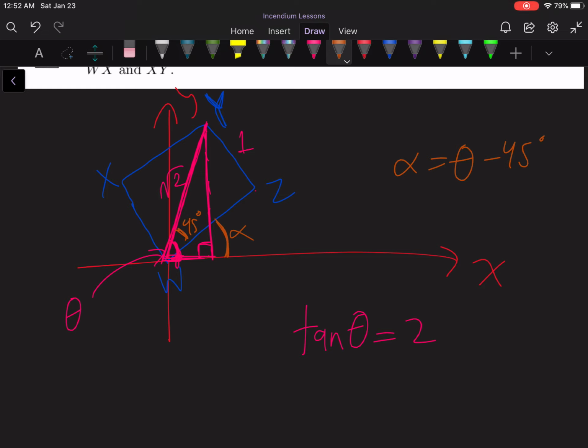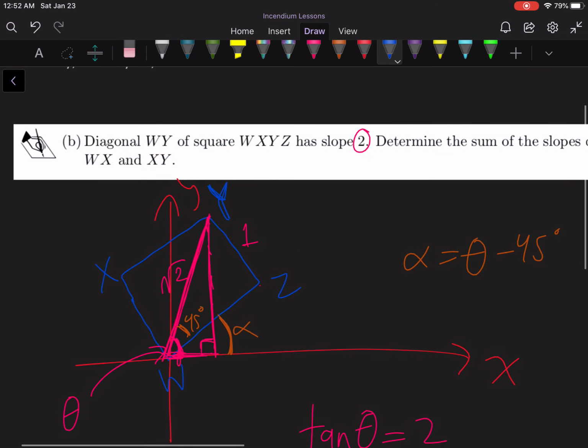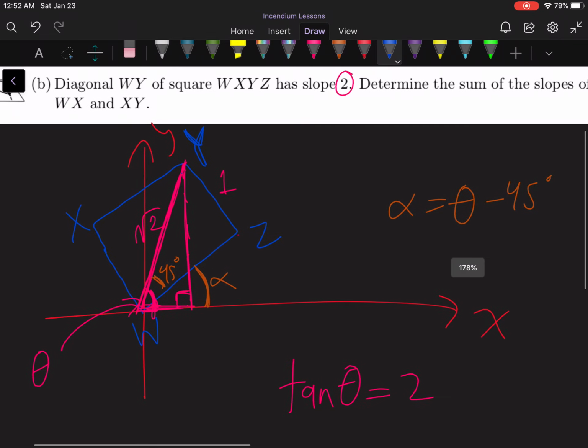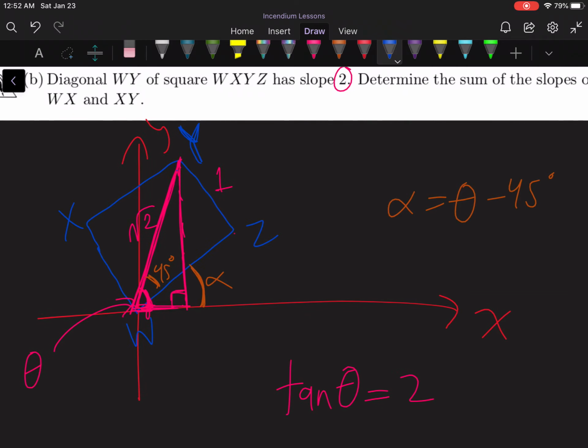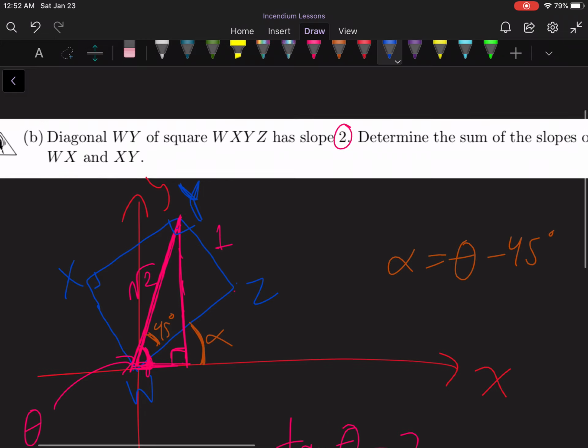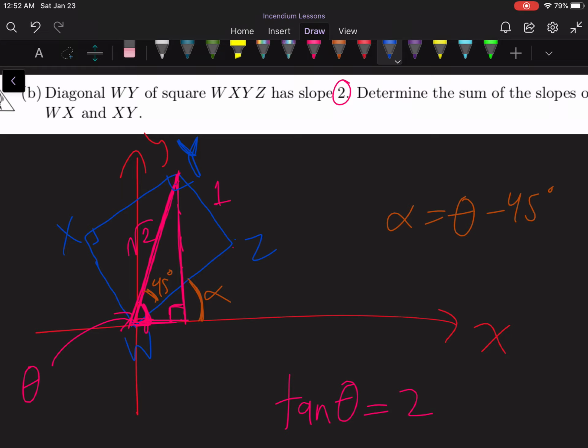Now notice, what do they want us to find again? They want us to find the sum of slopes of WX and XY. So it suffices to find the slope of any one of these sides, because from there we can find the slopes of the other ones, since they're all at right angles to each other. I'm going to find the slope of WZ, and then I can find the slopes of WX and XY very easily.